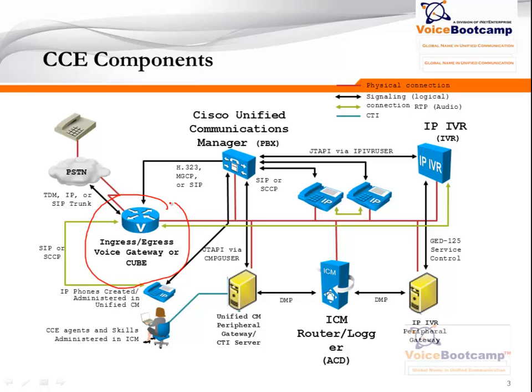So in this scenario, the voice gateway is receiving calls from a service provider, the PSTN, and sending the calls to a call manager using some sort of protocol. One of the most important parts here is that the voice gateway must use a common signaling protocol to talk to the service provider, which is in this case the PSTN.